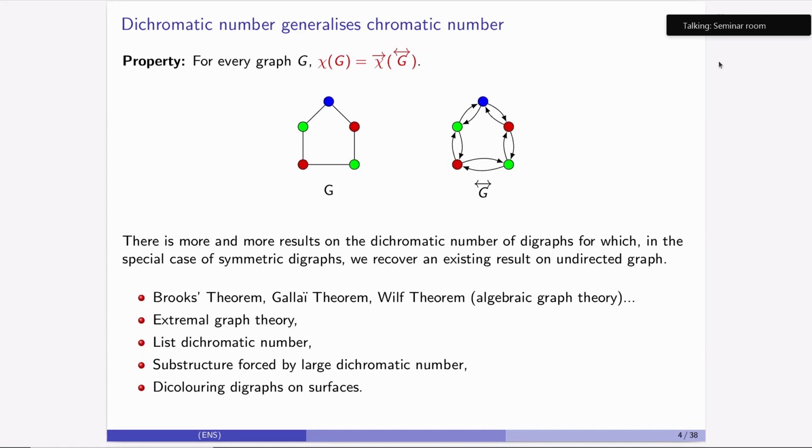We started with Brooks' theorem and Gallai's theorem, which are famous theorems in graph coloring, and since then many other theorems have been generalized. Okay, so this was to introduce the dichromatic number. I will speak a lot about the dichromatic number.